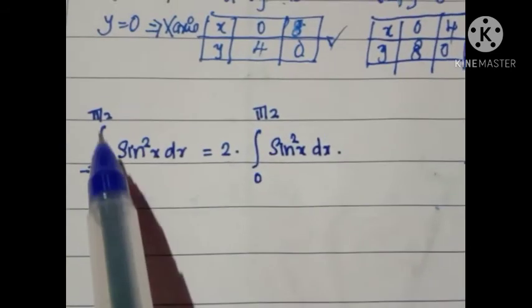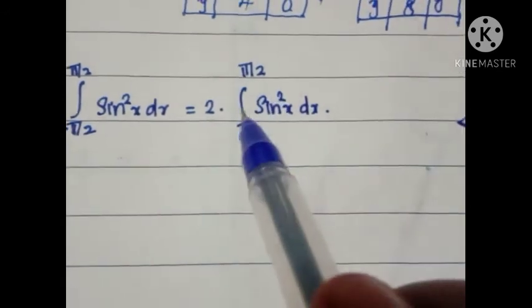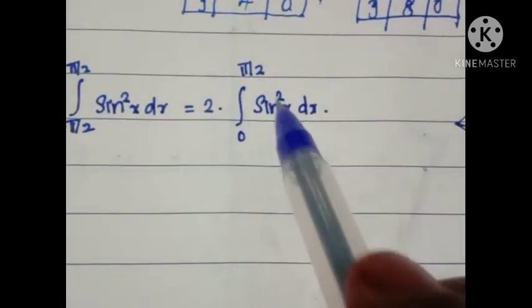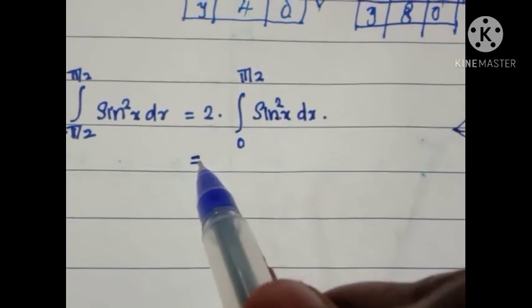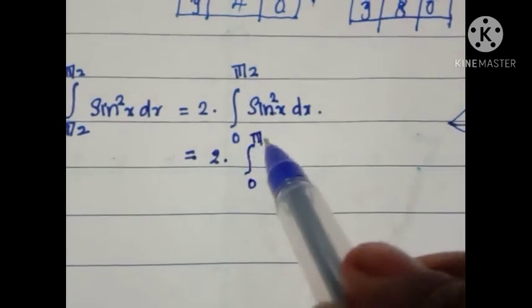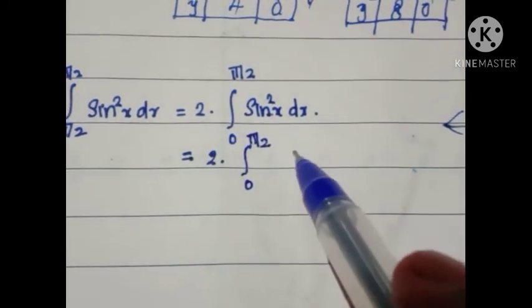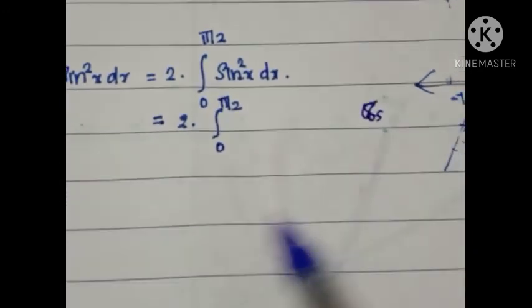The integral from minus pi by 2 to pi by 2 of sin square x dx is equal to 2 into the integral from 0 to pi by 2 of sin square x dx. So this can be written as 2 into the integral from 0 to pi by 2 of sin square x. What is the cos 2x formula?